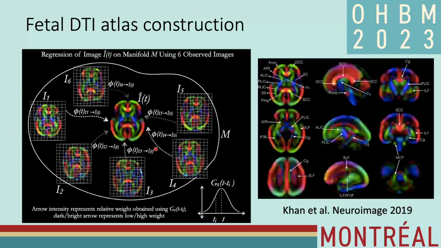Basically, it was based on regression of images onto a manifold at ages with a kernel regression in age and diffeomorphic tensor-to-tensor registration between the tensor images. On this figure, however, I'm showing color fractional anisotropies. And now you see that, as I showed earlier, a lot of structures are present already in early ages of the fetal period.